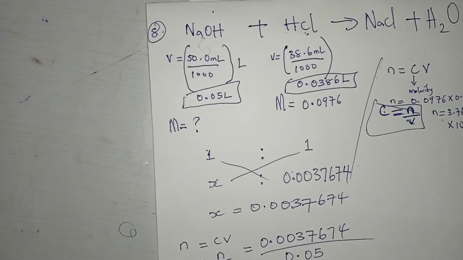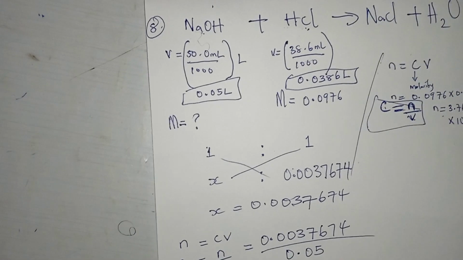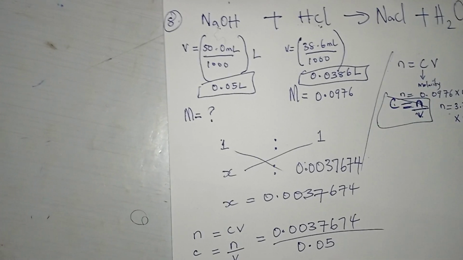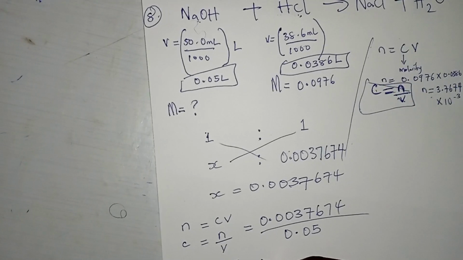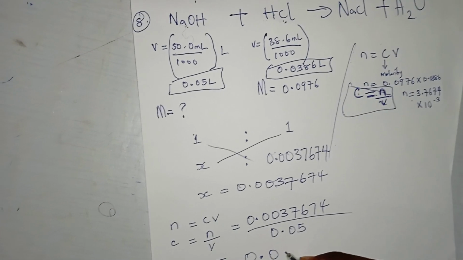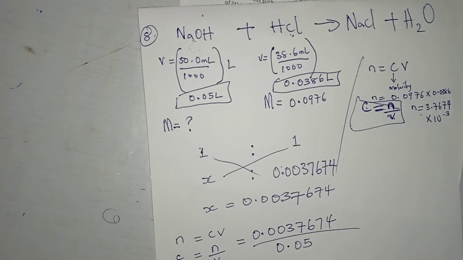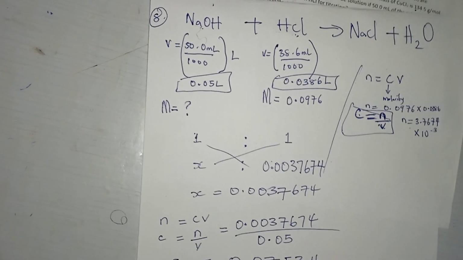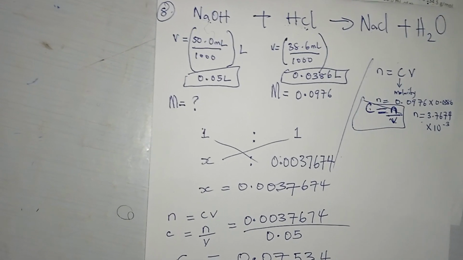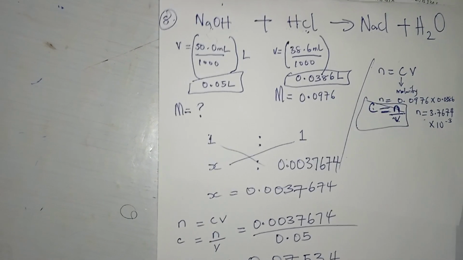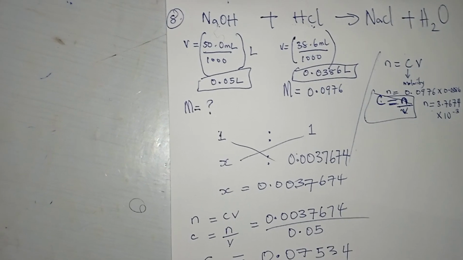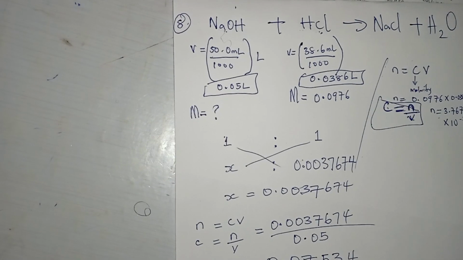When you punch this, the concentration is 0.07534, which is approximately 0.075.